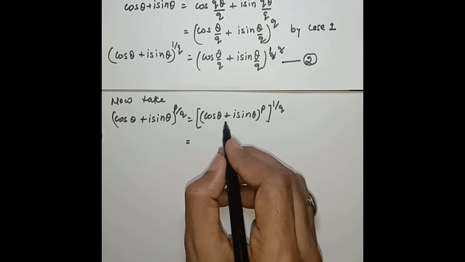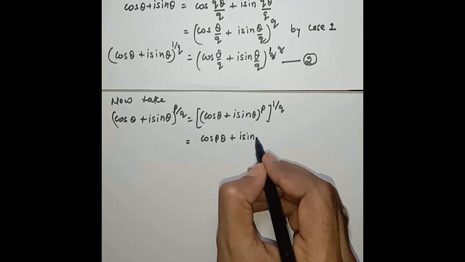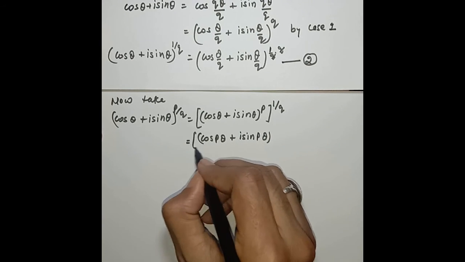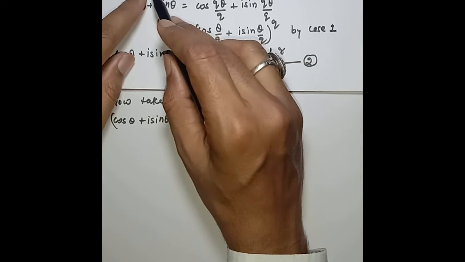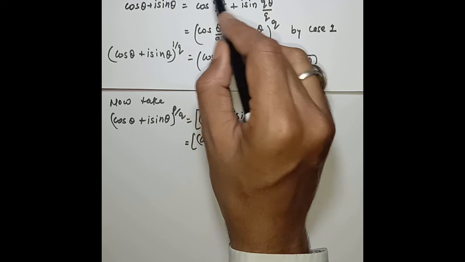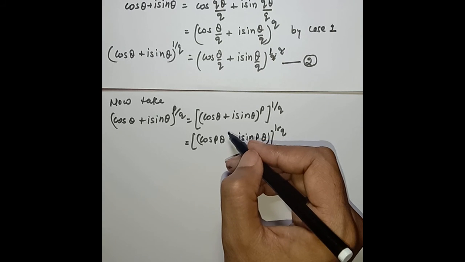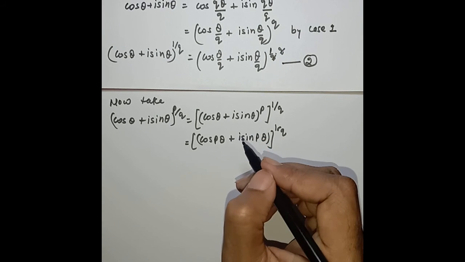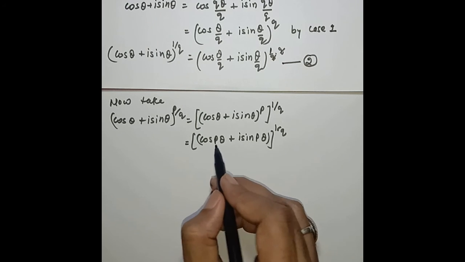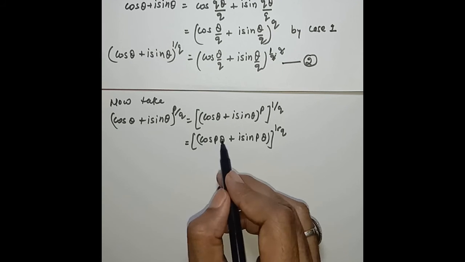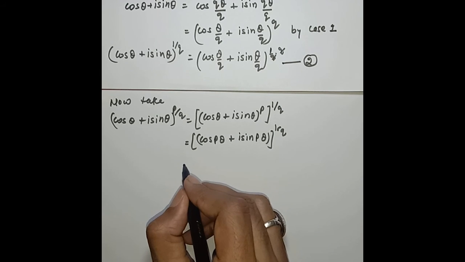This is equal to (cos pθ plus i sin pθ), and the reason is we know that p is either a positive or negative integer, and we have proved case 1 and case 2. Equation number 1 is true for positive and negative integers, so we can use equation number 1 in both cases.